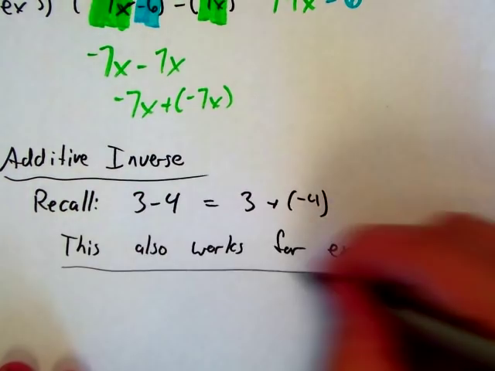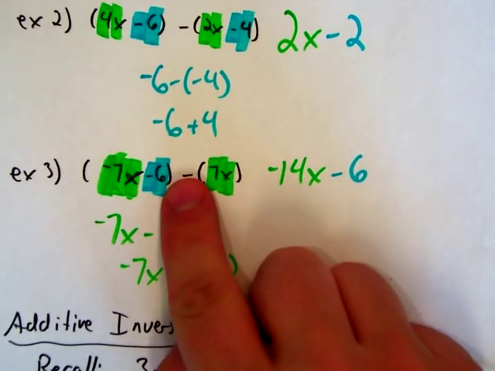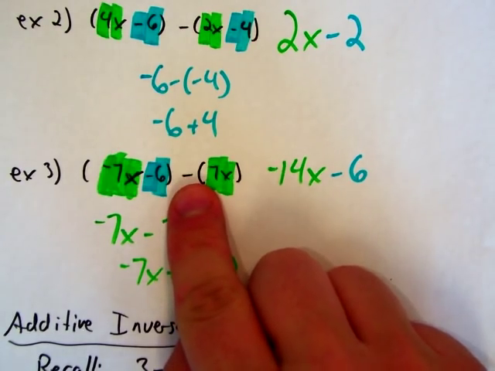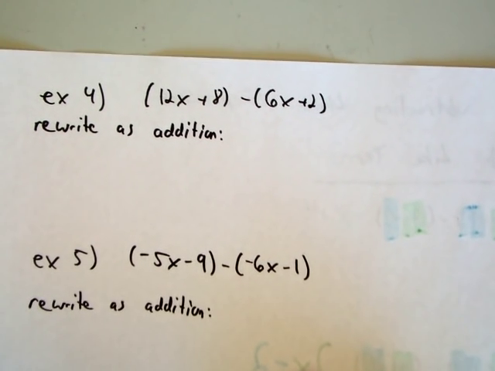And the wonderful thing about this, it also works for expressions. Which means what we could do is instead of having to subtract them like this, we could change them to an addition problem right away, and then simply add them together. So let's focus on that for example 4 and 5.